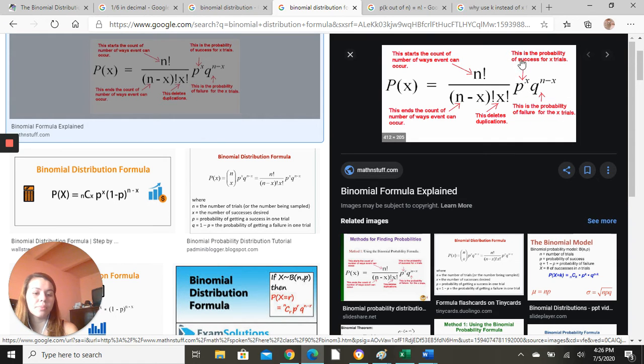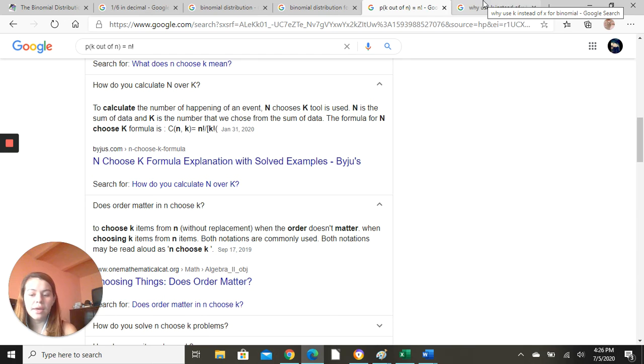And this up here, the p, is the probability of success for x trials. And how do you calculate n over k? To calculate the number of ways an event can happen, the n choose k tool is used. n is the sum of data, and k is the number that we choose from the sum of data. The formula for n choose k is C(n,k) equals n factorial over k factorial times (n minus k) factorial. All right, let's head on to finding our probabilities.